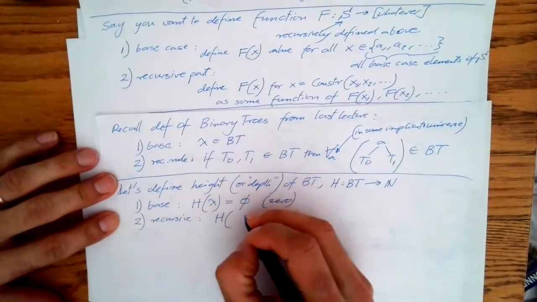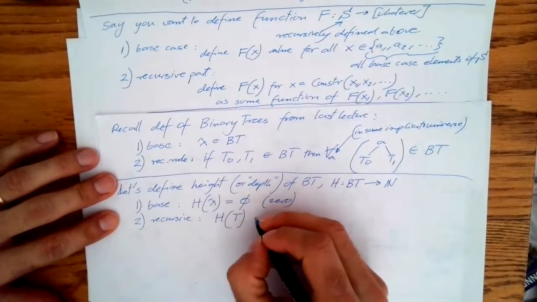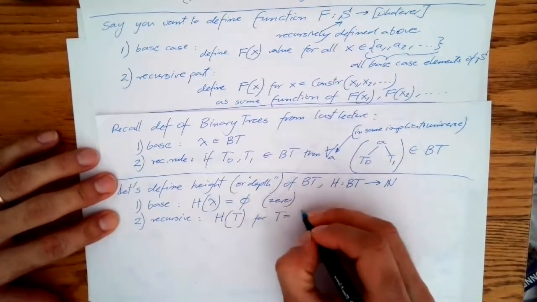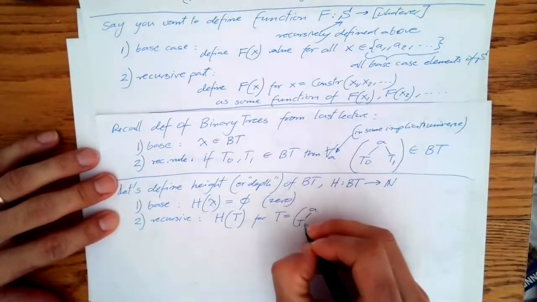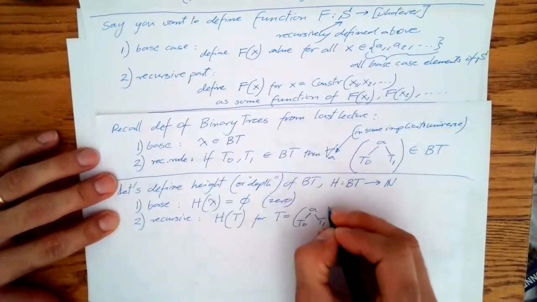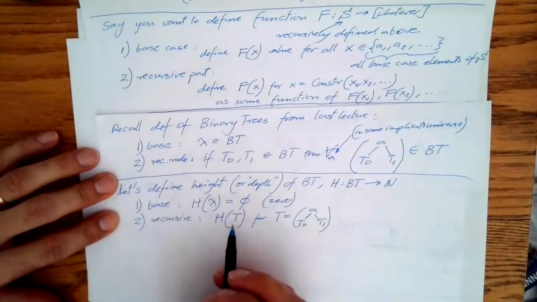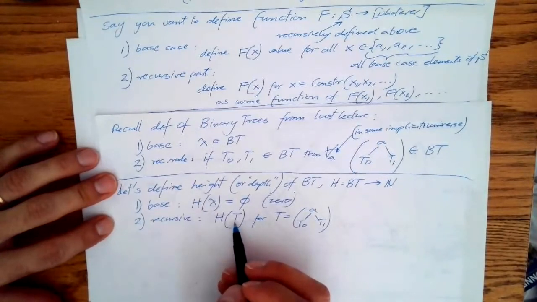So the recursive rule is that you have to define h on t, for t which is formed by using this recursive rule. This x here I call t because it's a better variable for members of the binary tree set.